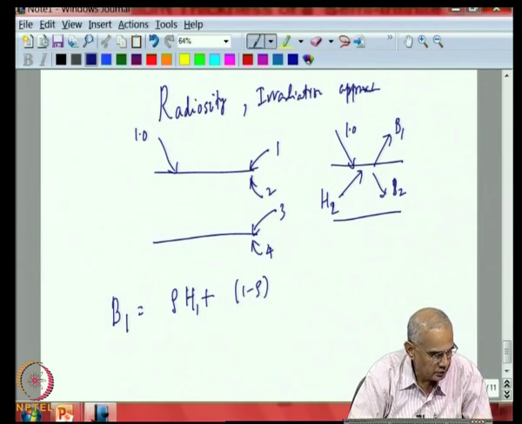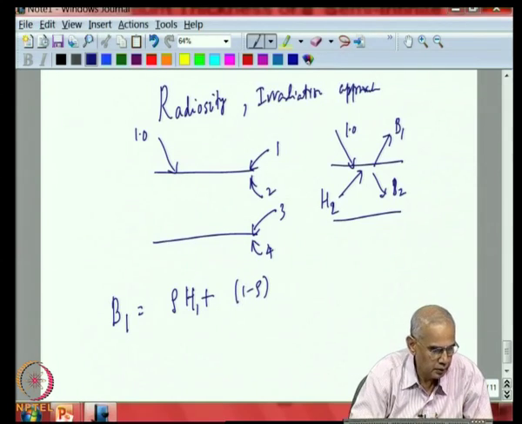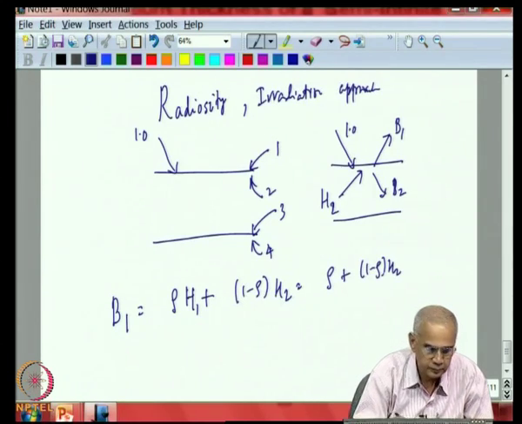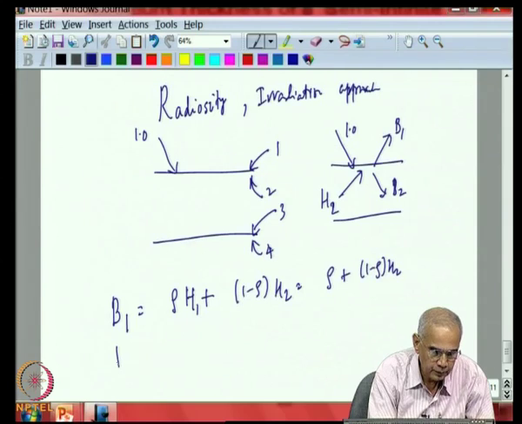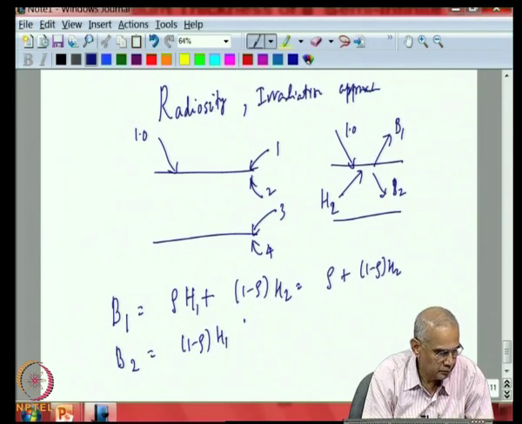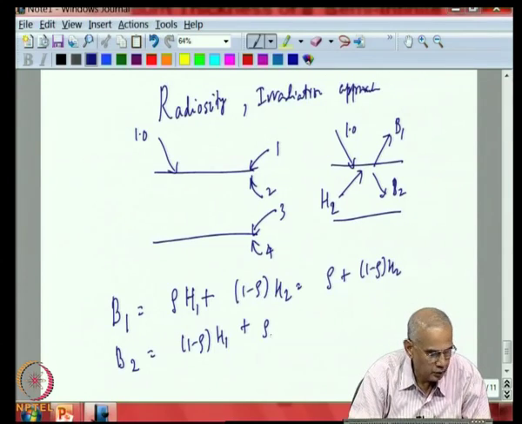So, we write this as rho H1 plus 1 minus rho into H2, and this becomes rho plus. Similarly, for B2, the second term is rho into H2.